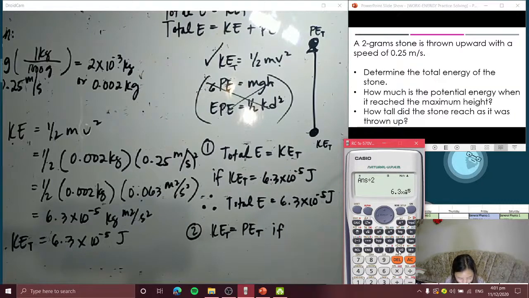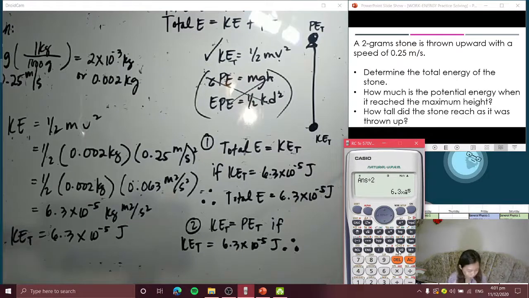If KE total is equal to 6.3 times 10 to the negative 5 joules, therefore PE total is equal to 6.3 times 10 to the negative 5 joules.